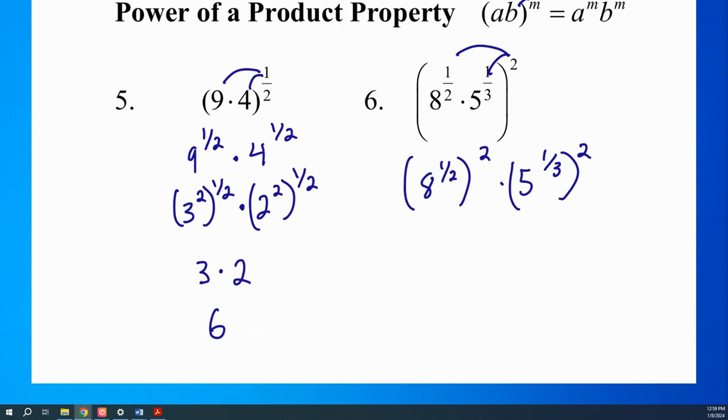So what is 8 to the 1/2 squared? 8 to the 1/2 and then squared. What do I do with those exponents? I'd multiply them and they'd cancel. Do we understand that? So I'd just be left with 8. Okay? And then what happens to the second piece? It'd be 5 to the what?